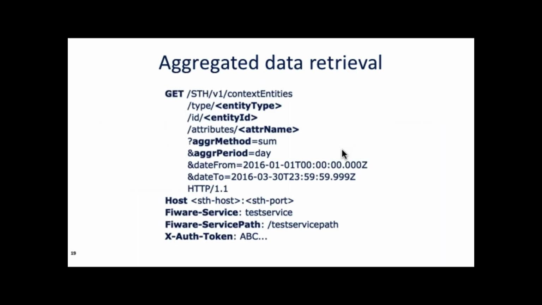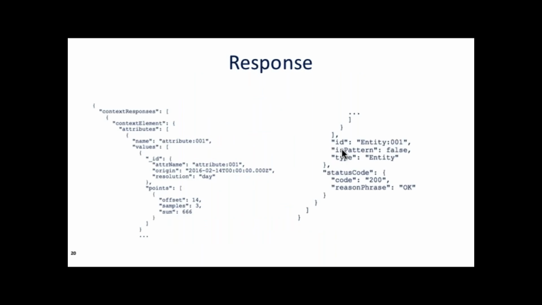We can ask for aggregated data. The previous ones were for raw data, and here I'm saying that they want just the sum, that's it, the added values from one date to another date. And this means that we will get this, and here the solution, instead of being a series of values, it's just one value, that is the sum.